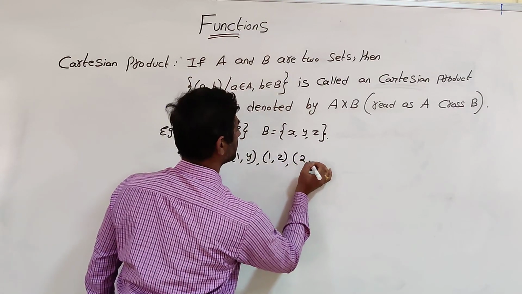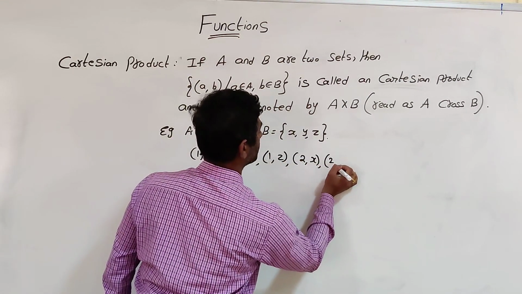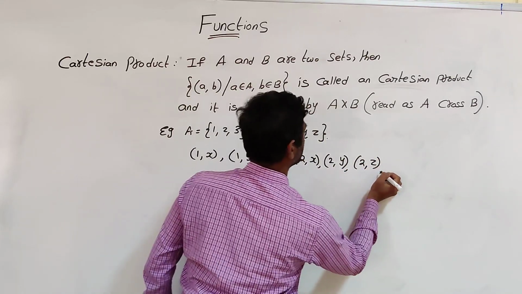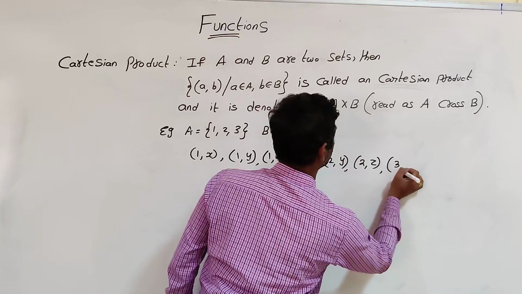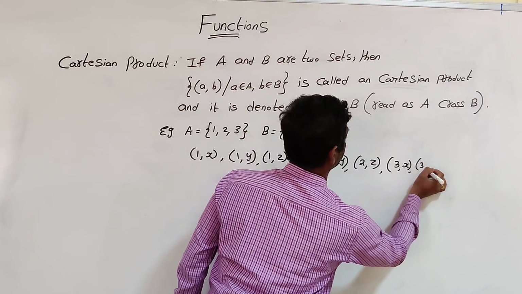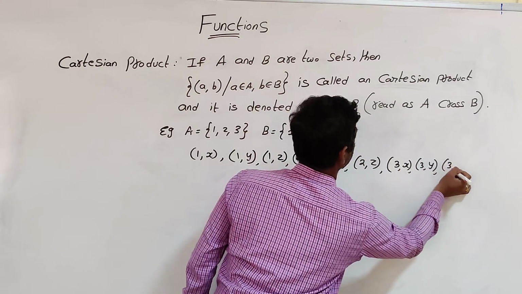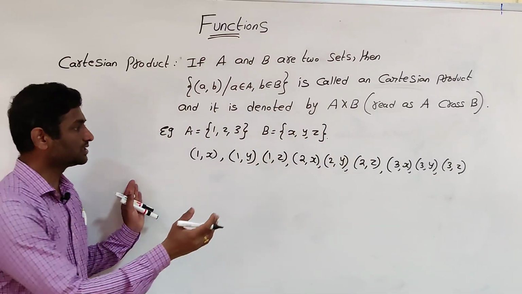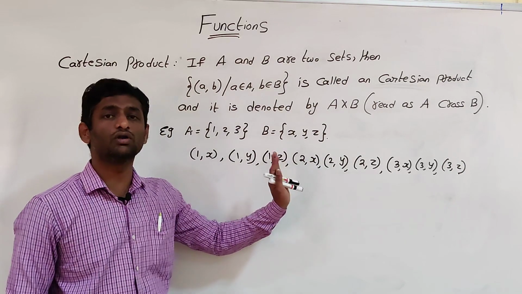Similarly (2, x), (2, y), (2, z), and (3, x), (3, y), (3, z). These are the distinct ordered pairs.